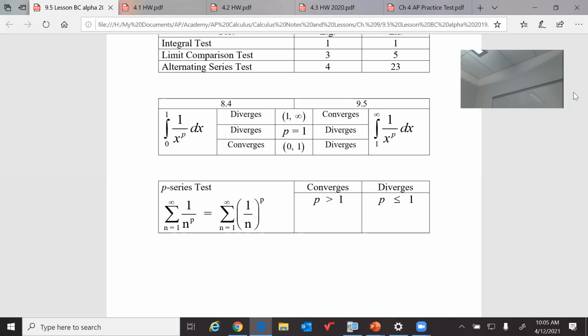We come up here. What are we looking at? Same thing. Now this thing here is from 1 to infinity. From 1 to infinity. This is from 0 to 1.